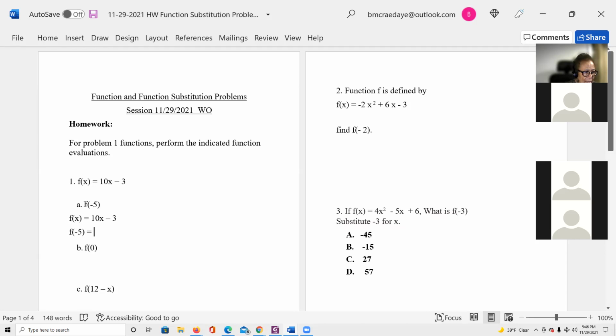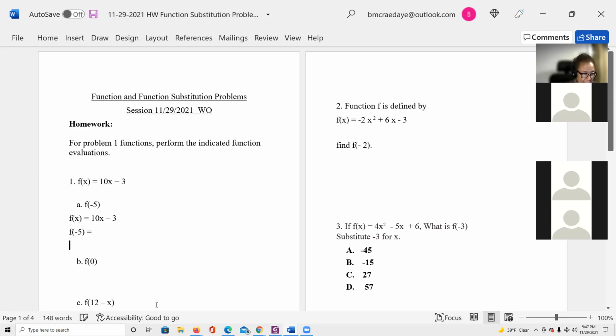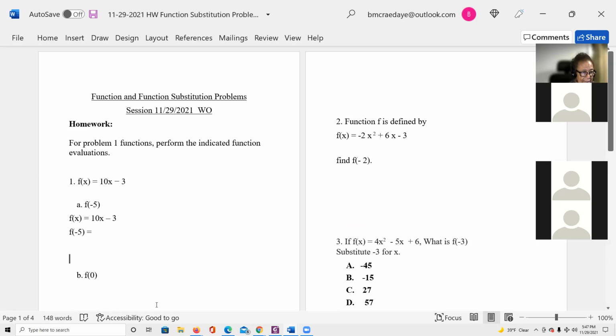Audrey, you had A, what is f of -5? You had B, what is f of 0? And you had C, what is f of 12 minus x? So problem 1 had 3 parts, A, B, C. If f of x is 10x minus 3, what is f of -5?